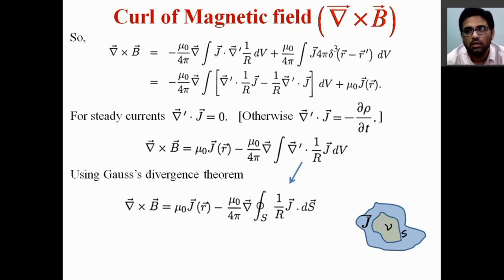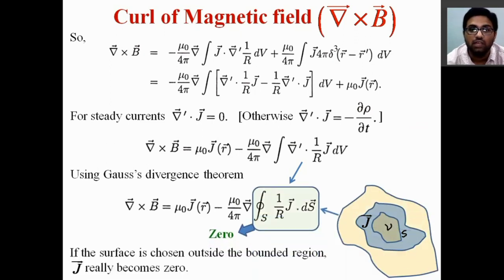Okay. Now we can make it bigger than that if we like, and basically if we do so, it will simplify the form of curl of magnetic field. Now this is permissible because the current density J is 0 out there anyway.